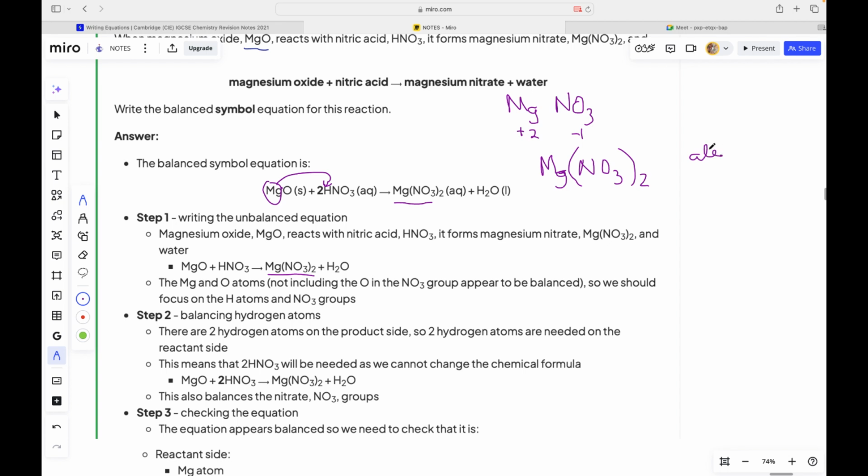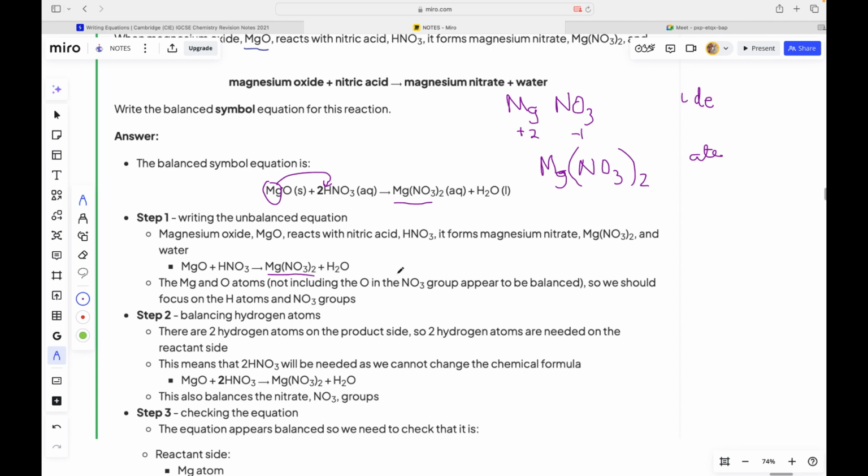If it's two elements with a halogen, it will end with IDE, like sodium chloride, not sodium chlorine. But this one, magnesium, nitrogen, and oxygen, becomes magnesium nitrate.